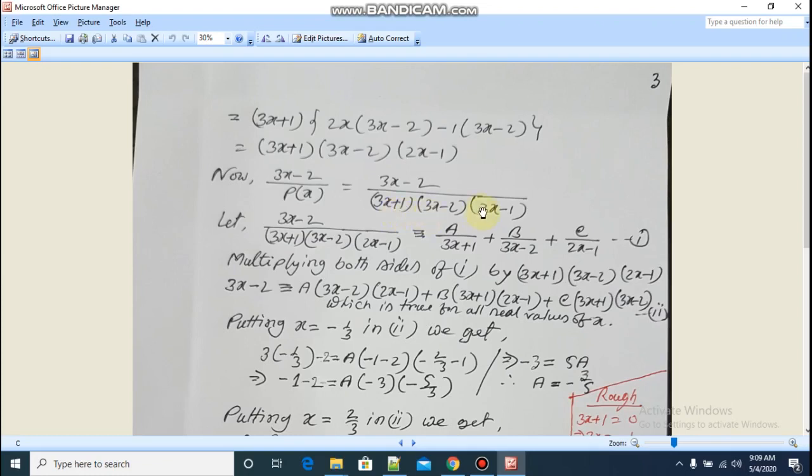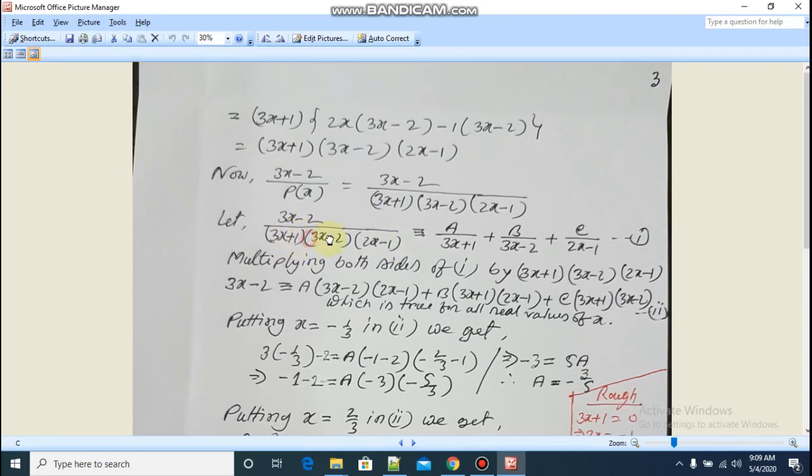Here there are three factors, all simple factors. So we apply the simple rule of partial fraction. First factor, second factor, third factor. This is the identity sign: A divided by 3x plus 1, B divided by 3x minus 2, C divided by 2x minus 1.